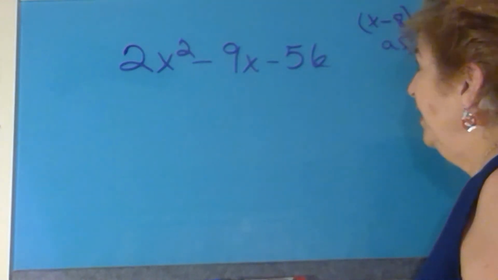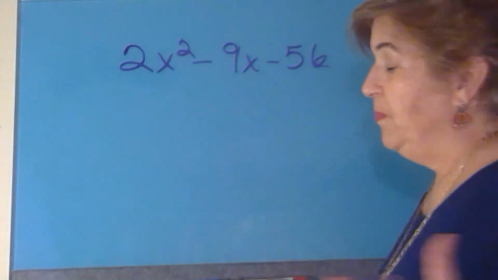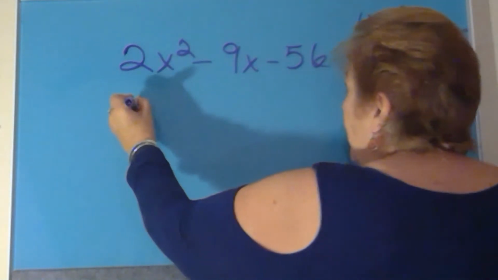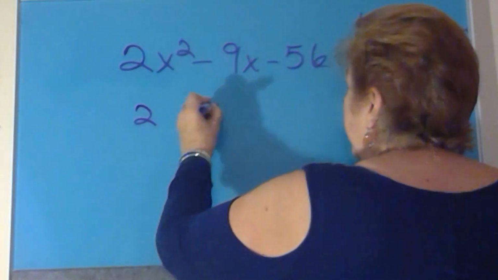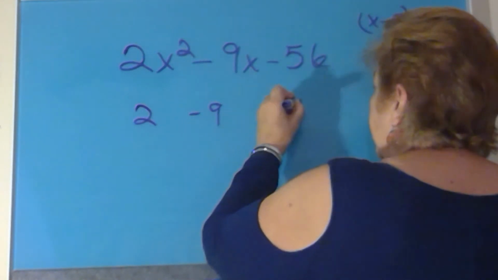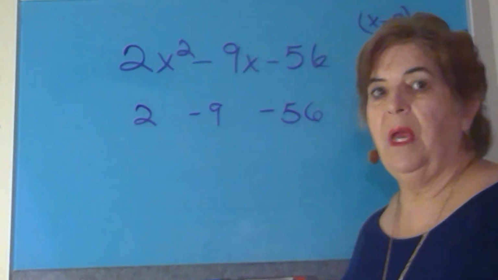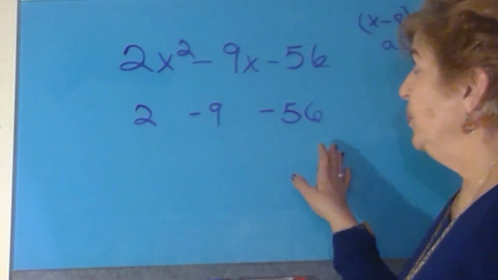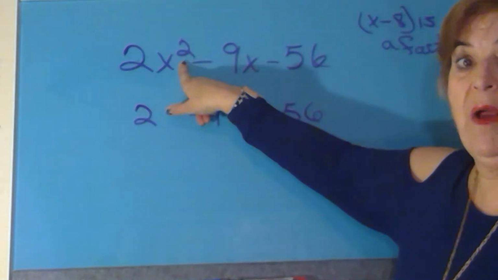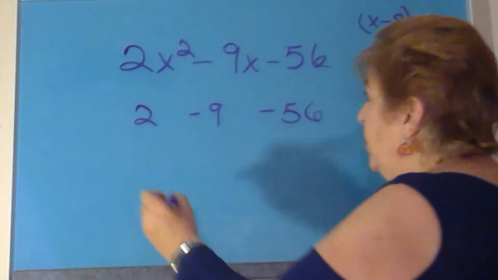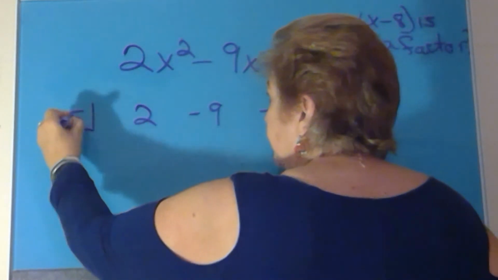But if you did what everything else on the test was, and you did synthetic division, you have a 2, a -9, and a -56. That doesn't seem like very many coefficients, but there's 3 of them, and our highest power is an x squared. So that's all we need. And we would put an 8 out here.